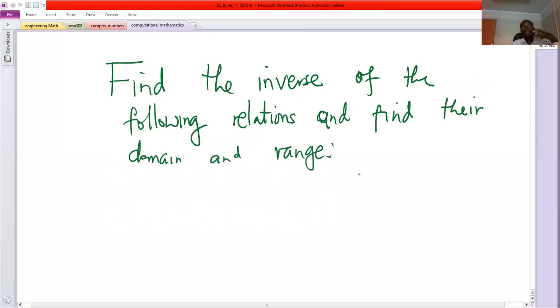So the thing is that we find the inverse. After getting the inverse relation, then we get the domain and range of that inverse relation.